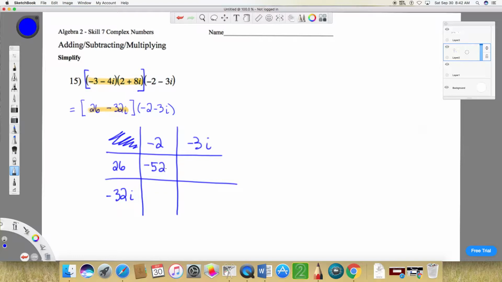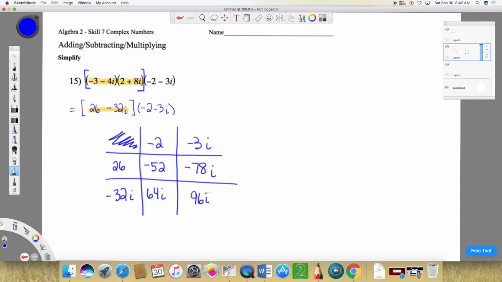And I'm going to grab my calculator because I don't want to make a silly error, especially in the video. 26 times a negative 3, I get negative 78i. A negative times a negative is positive. 32 times 2 is 64, but don't forget the i. 32 times 3 is 96. Negative times negative is positive, so I got 96.